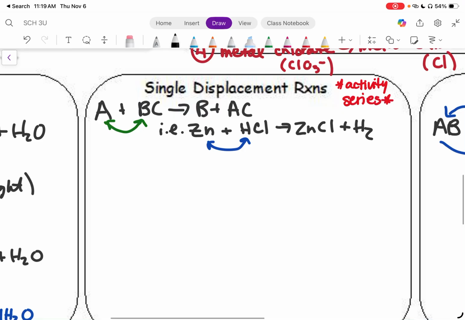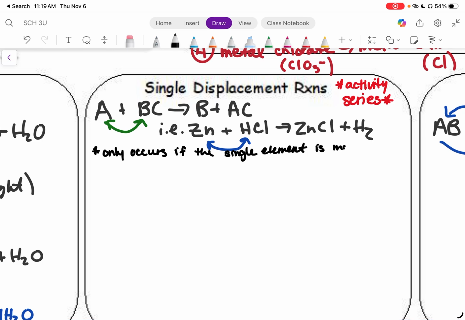Another important thing to remember is that it only occurs if a single element is more reactive than the element in the compound. Otherwise you will end up with no reaction, and that's okay.